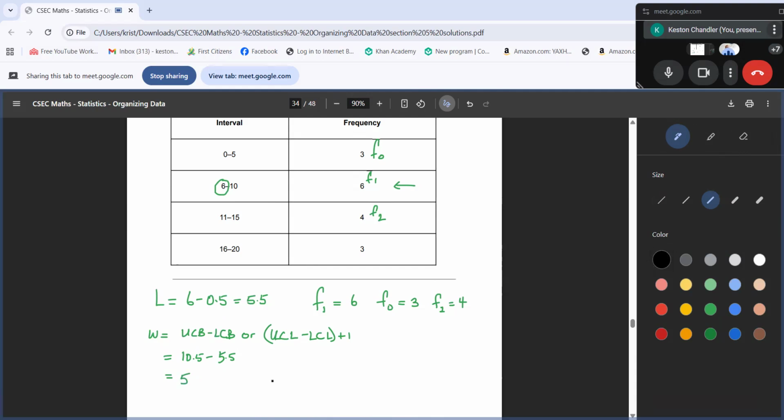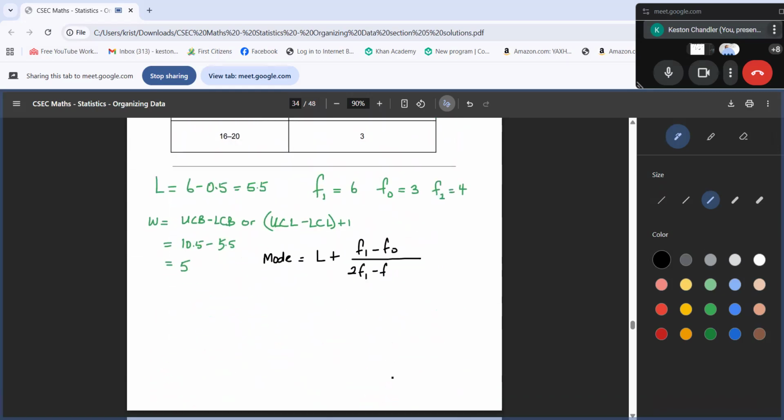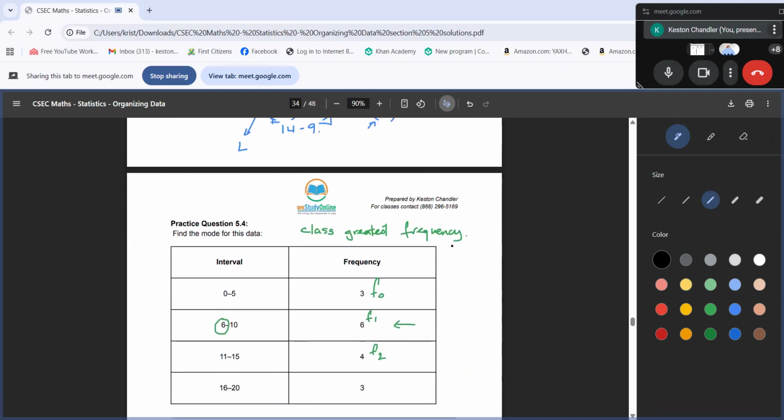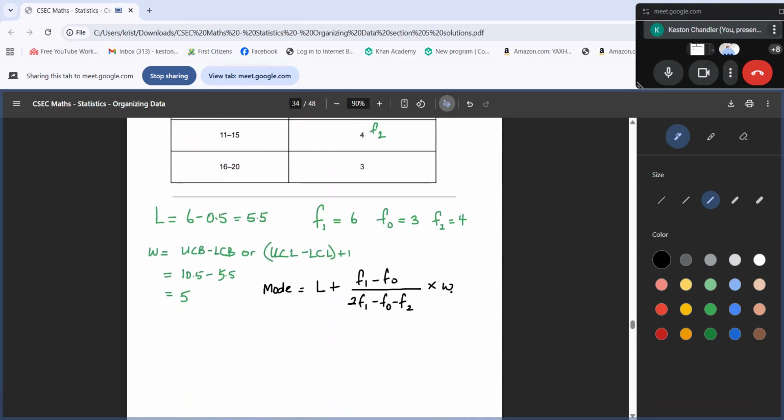Now our formula for the mode is equal to the lower class boundary plus F1 minus F0 over 2 times F1 minus F0 minus F2, multiplied by W. So L plus F1 minus F0 all over 2F1 minus F0 minus F2, multiplied by W. I would suggest when doing a question like this, you identify all of these values beforehand.